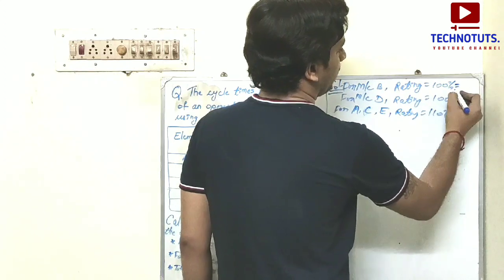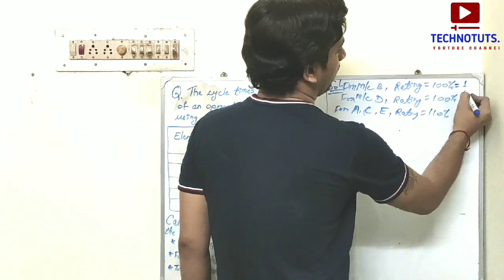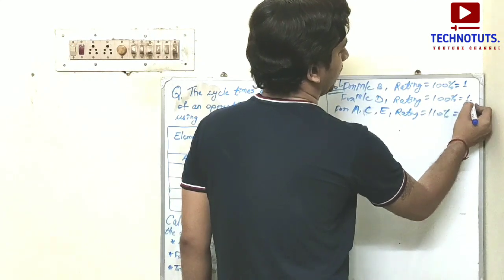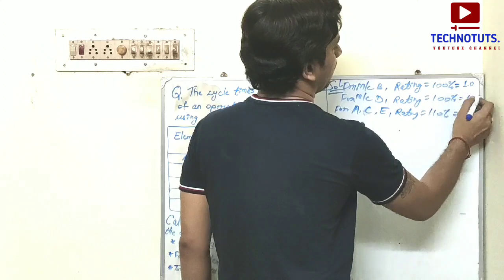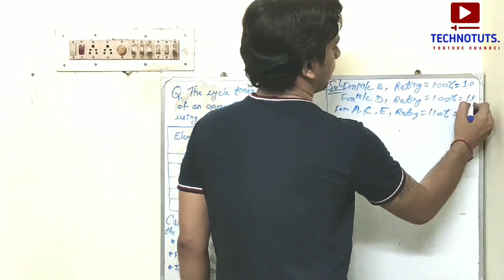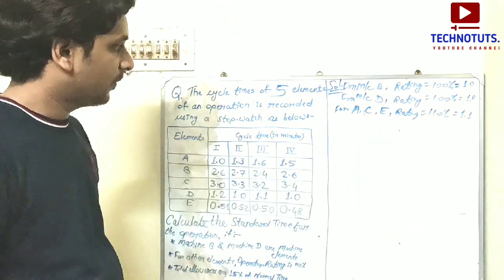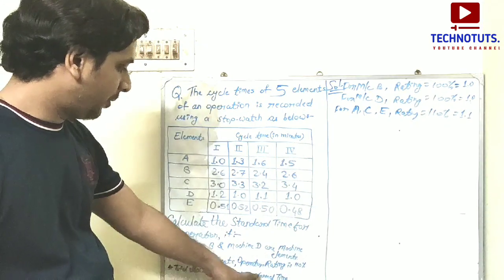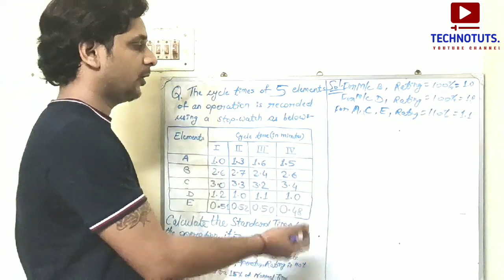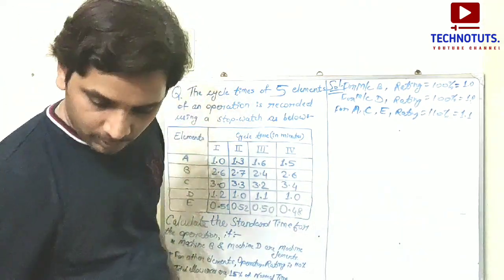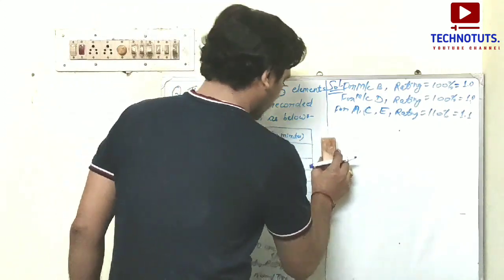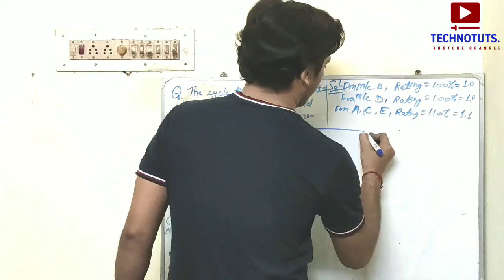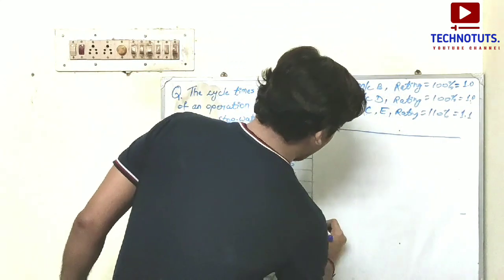When you take the value in decimal form, it will be 1.0 for B and D, and 1.1 for A, C and E. Also one more point is given: total allowances are 15% of normal time. So let us elaborate this table, and then calculate the normal time and standard time.